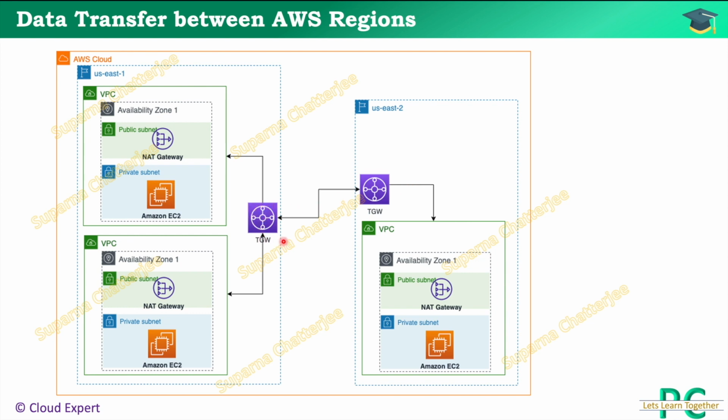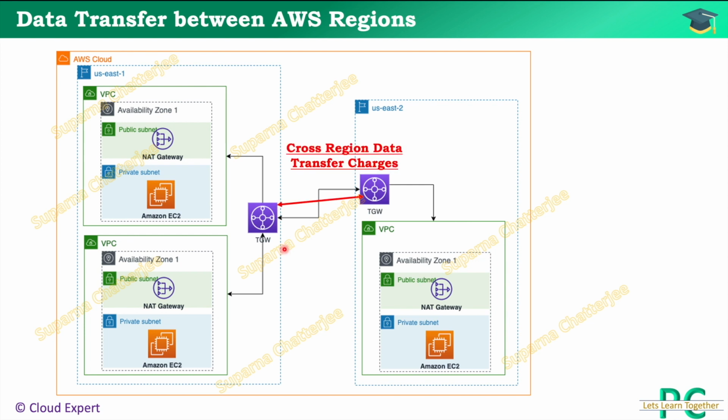For this diagram, I have used one Transit Gateway to peer VPC A and VPC B. And then I have used another Transit Gateway, and I have created Transit Gateway peering between the regions, and this architecture diagram will give you a hub and spoke model and communication between VPC A, VPC B and VPC C. Now let's try to understand the data transfer charges for this use case.